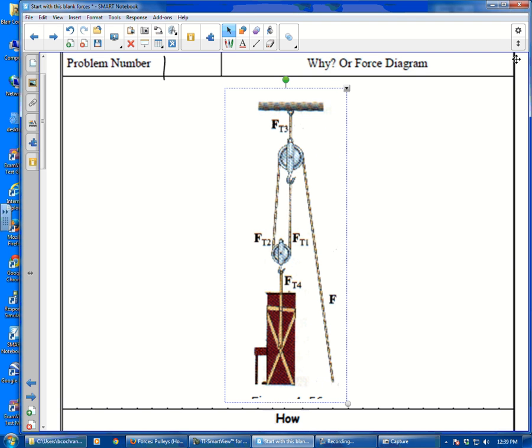So, they want to know the minimum force to pull on the rope. So, what does that mean? How is the piano moving if we're using the minimum amount of force? Okay, slow. Is it accelerating? Probably moving upwards, although we could move it down, right? But is it accelerating? If you're using as small a force as possible? No, it's not going to. So our acceleration here is 0.